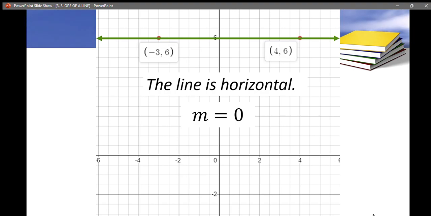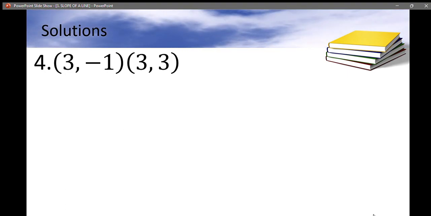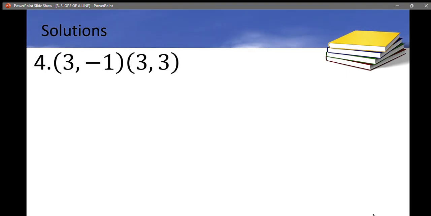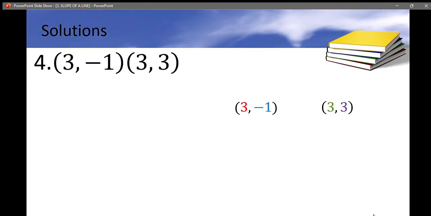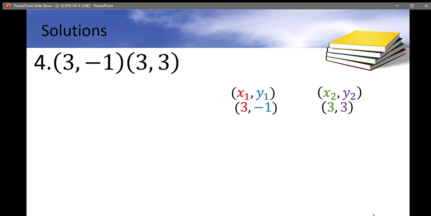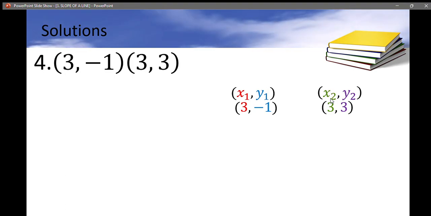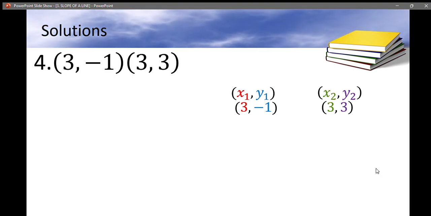Next, the last example: (3, -1) and (3, 3). Let us label our given. x sub 1 is 3, and y sub 1 is -1. x sub 2 is +3, and y sub 2 is +3.